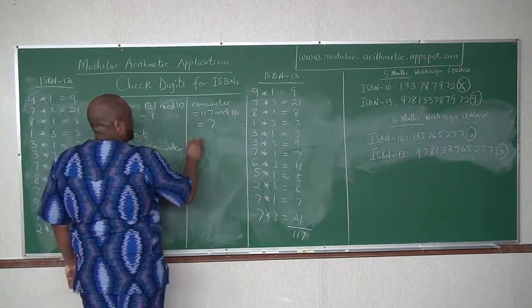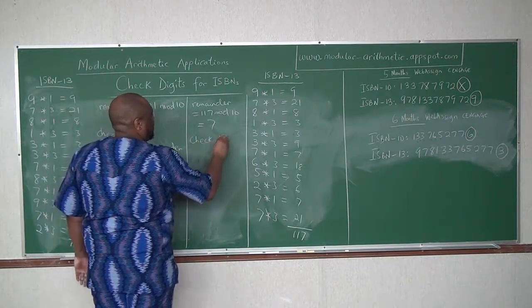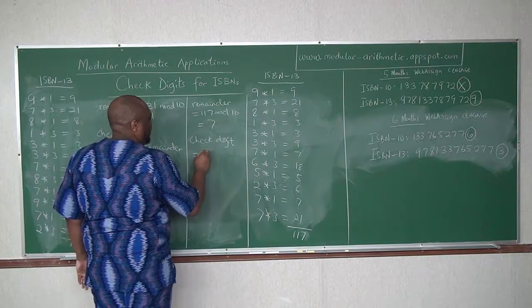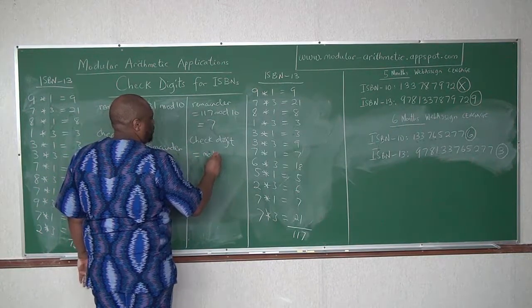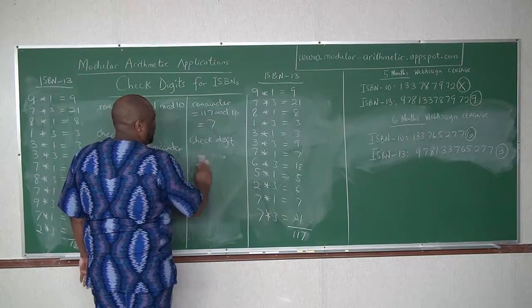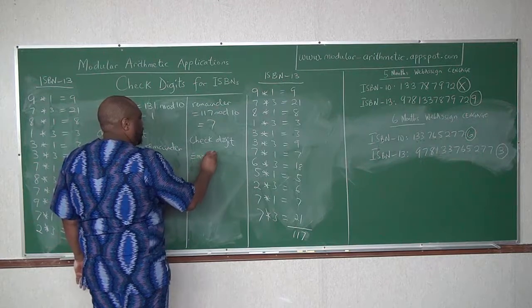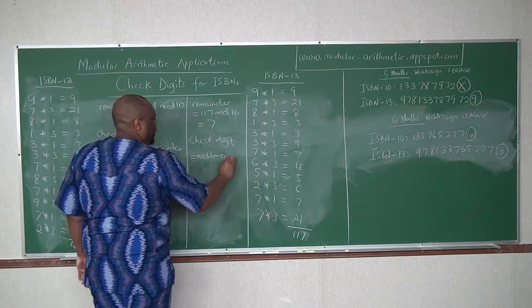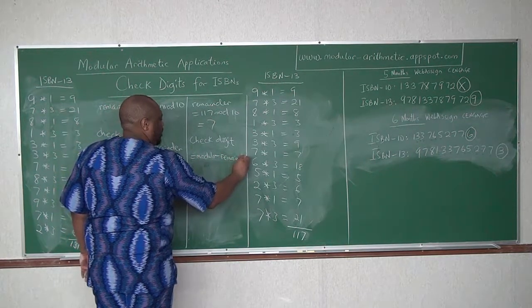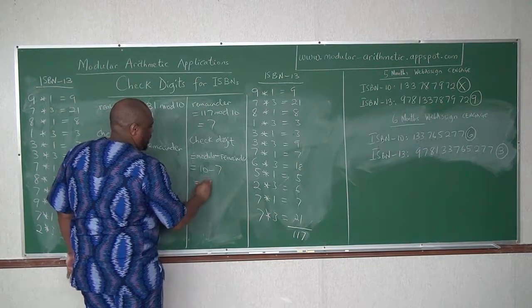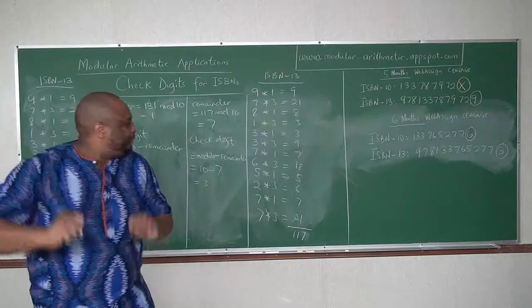Now the check digit is modulo minus remainder. That will give us 10 minus 7, and that is 3. There you go, 3.